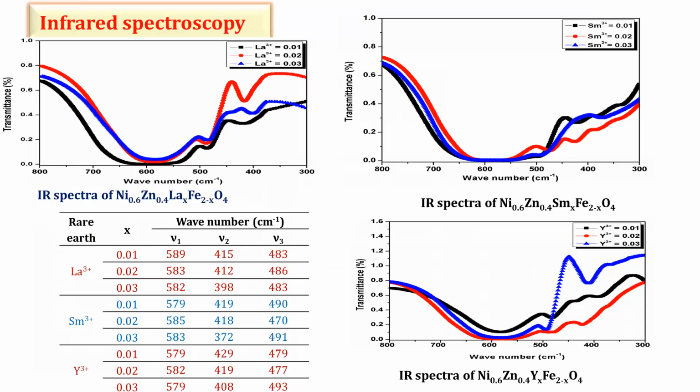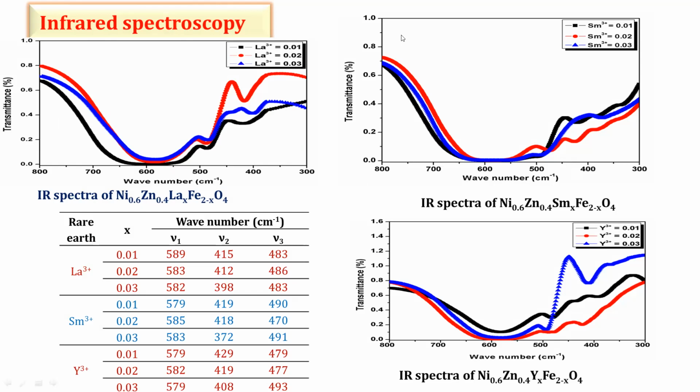Now this is the FTIR, or infrared spectroscopy, of our sample. This is the IR spectra of lanthanum substituted nickel zinc ferrite, this is the IR spectra of samarium substituted nickel zinc ferrite, and this is the IR spectra of yttrium substituted nickel zinc ferrite. Here we observe two main absorption bands near about 400 and 600. For every sample we get two absorption bands near about 400 and 600, which, as suggested by scientists, indicates the exact formation of ferrite.